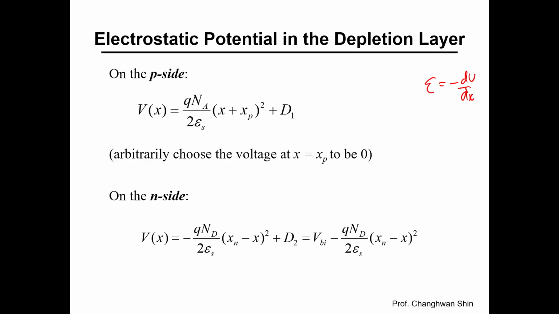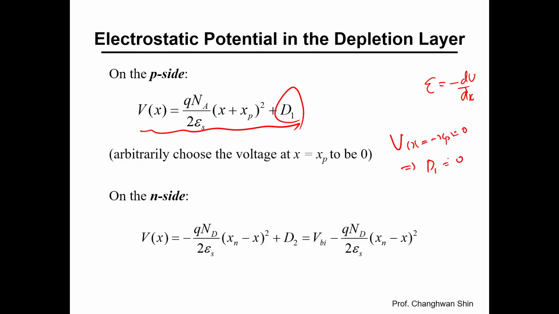Integrating gives us V of x as shown, with a constant D1, where D1 is an integration constant. Following the game plan that we studied a few slides ago, we will set V at x equals minus xP to be 0 as our reference potential, which gives us D1 is equal to 0.